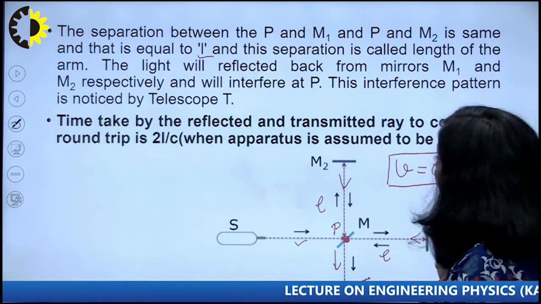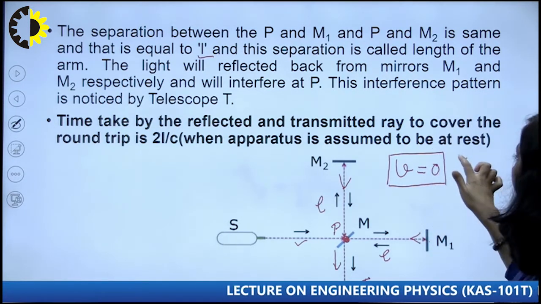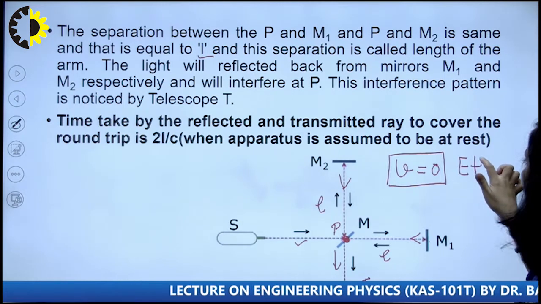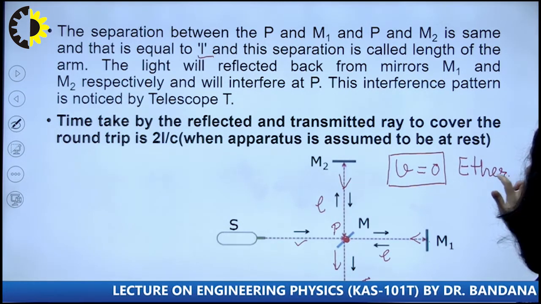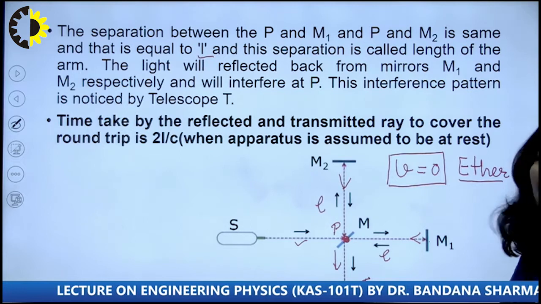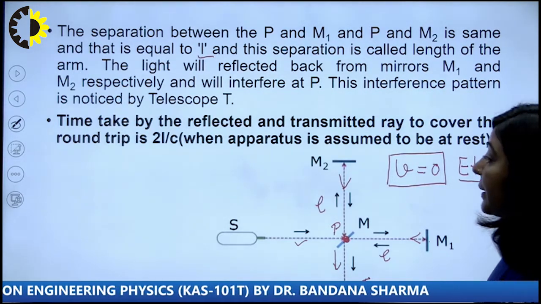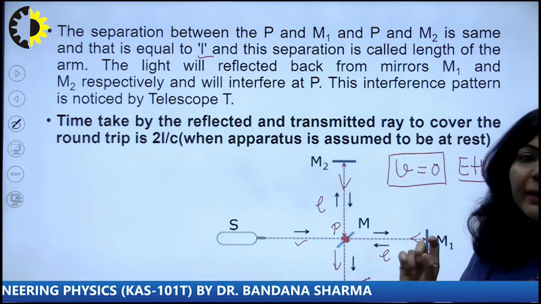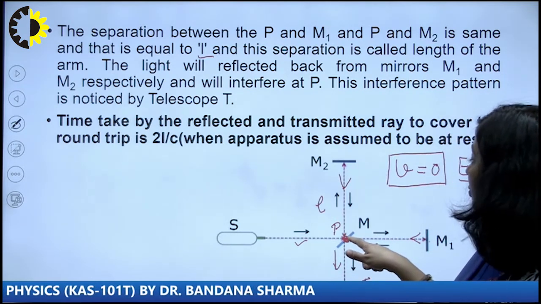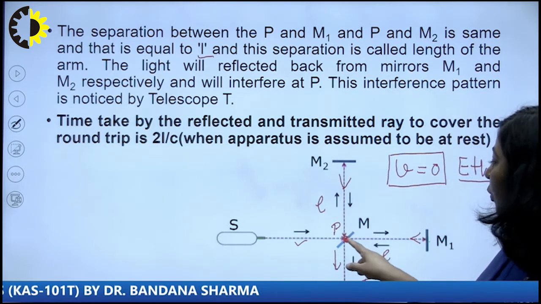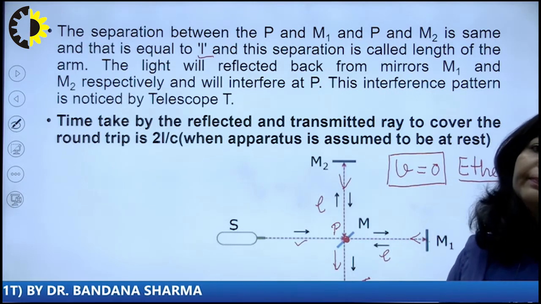So in case number 1, when the apparatus is at absolute rest, it means your apparatus is in the ether medium or ether frame. So when the apparatus is in the ether frame, what will be the time taken by this transmitted ray to move from the glass plate to M1?